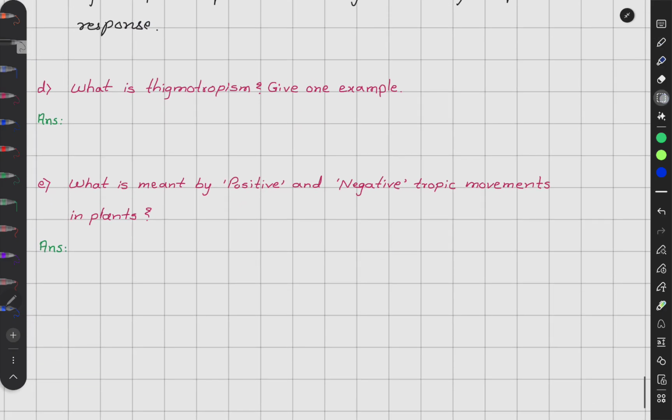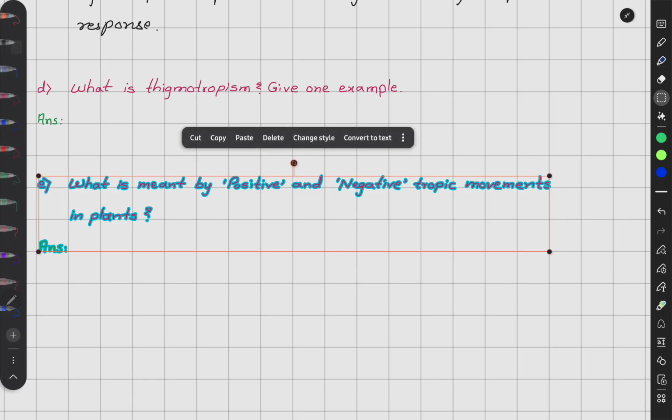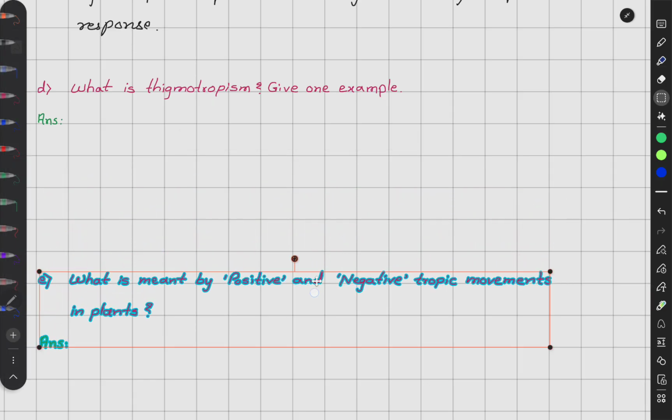The fourth question is D: what is thigmotropism, and give one example.